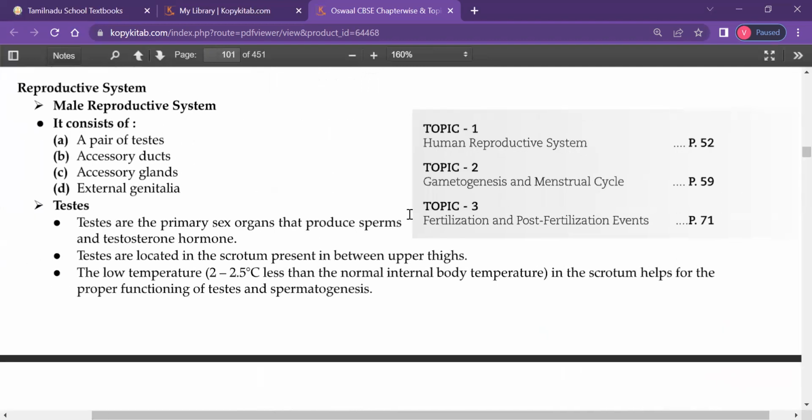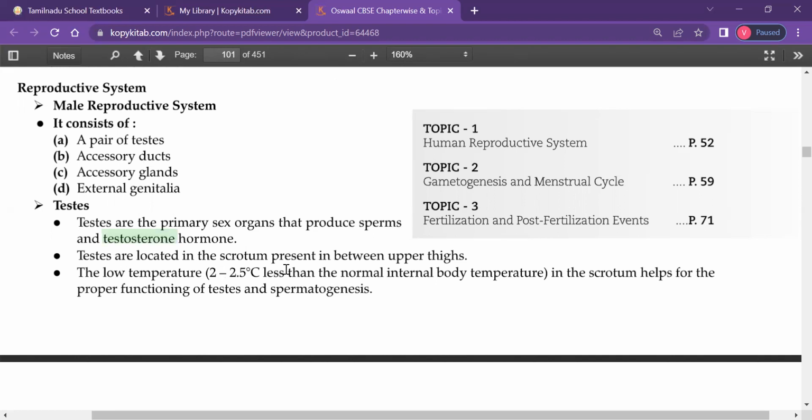What is the male reproductive system? It consists of a pair of testes, accessory ducts, accessory glands, and external genitalia. Testes are the primary sex organs that produce sperms and testosterone.